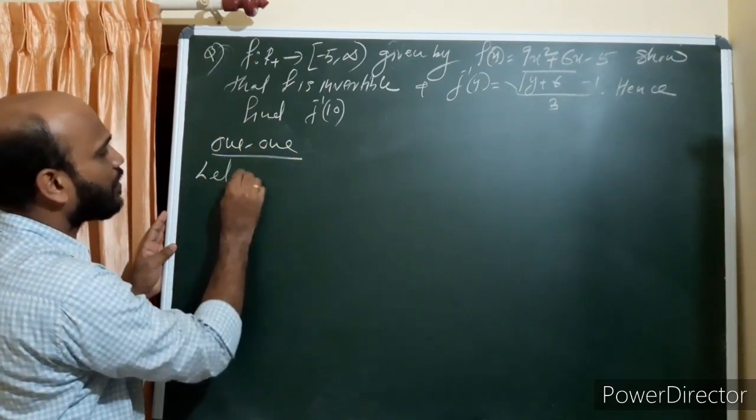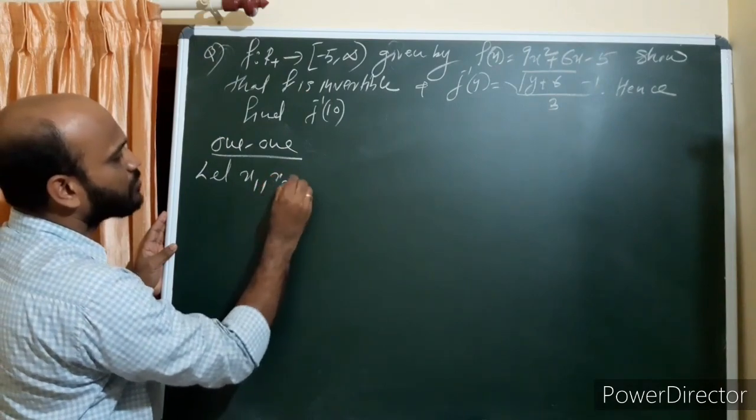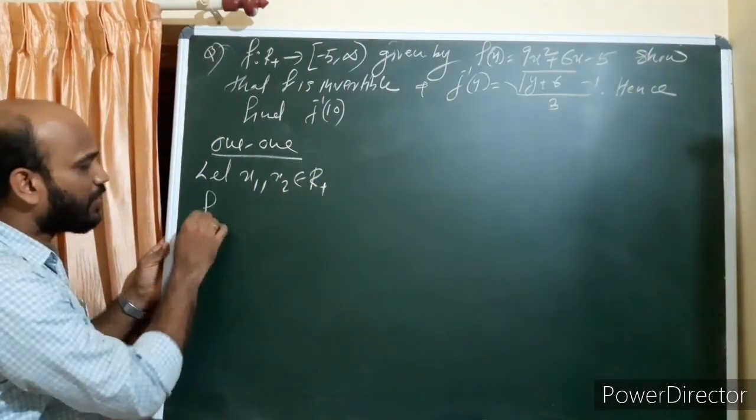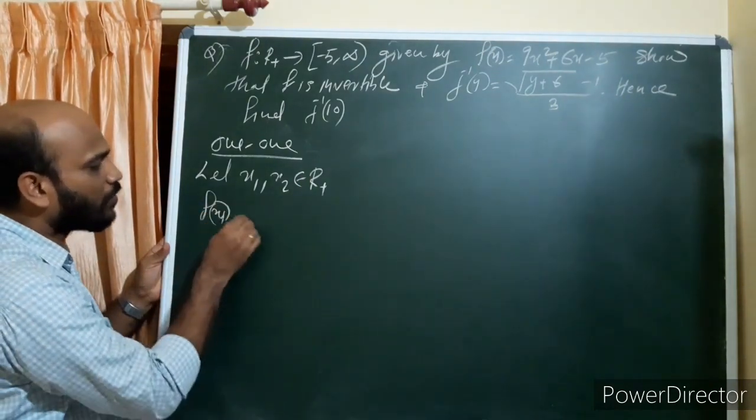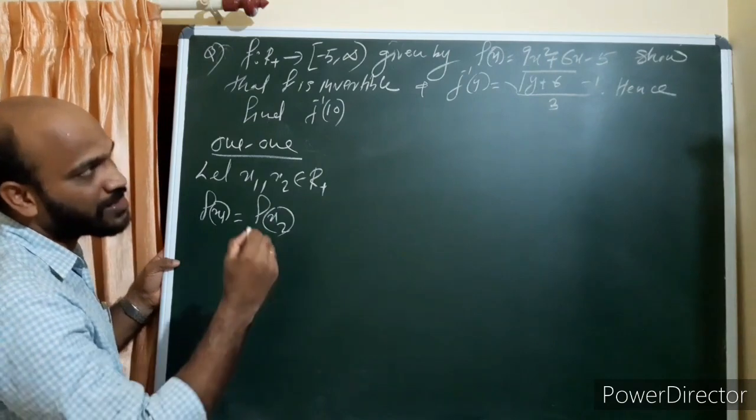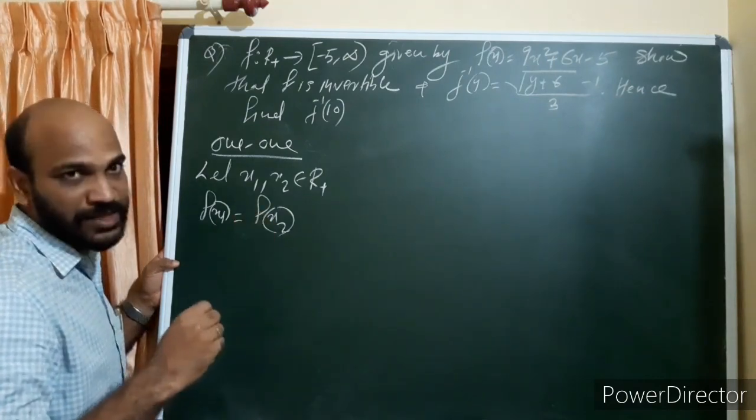Let x1, x2 belong to R plus such that f of x1 equal to f of x2. So f of x equal to 9x square plus 6x minus 5.